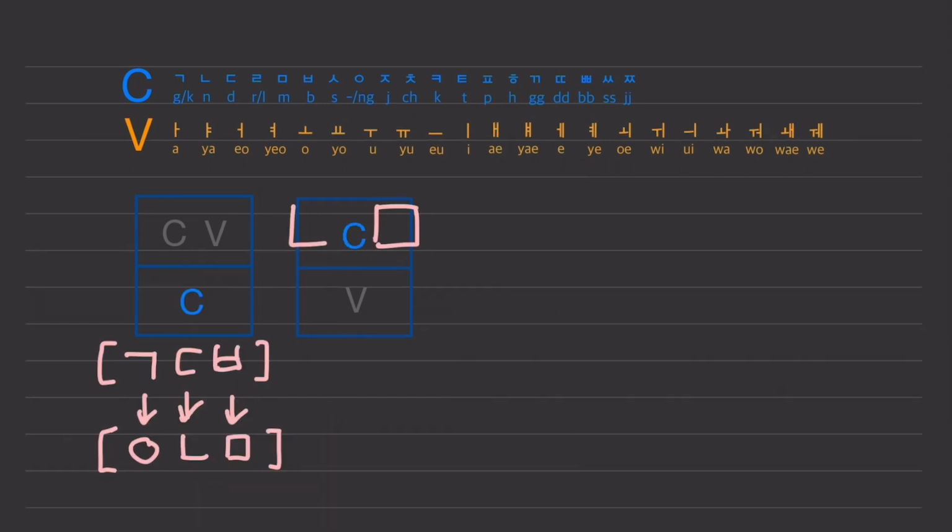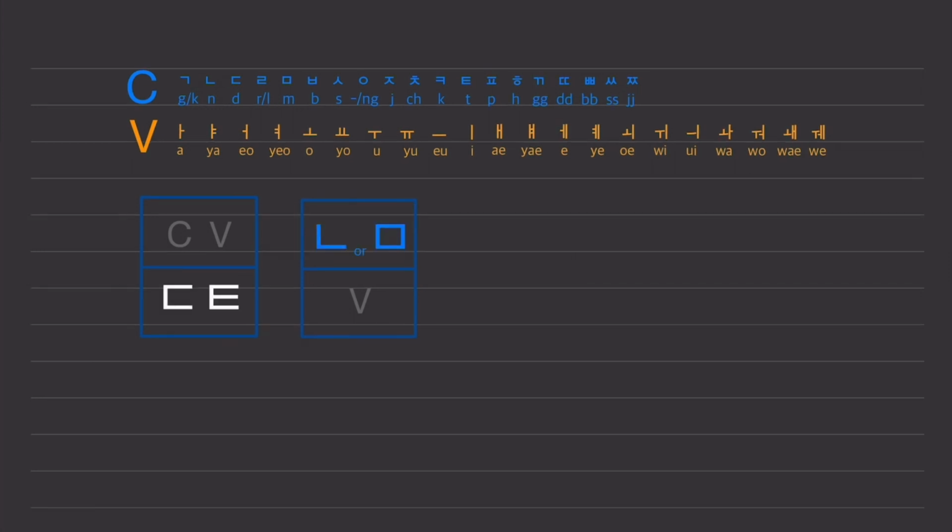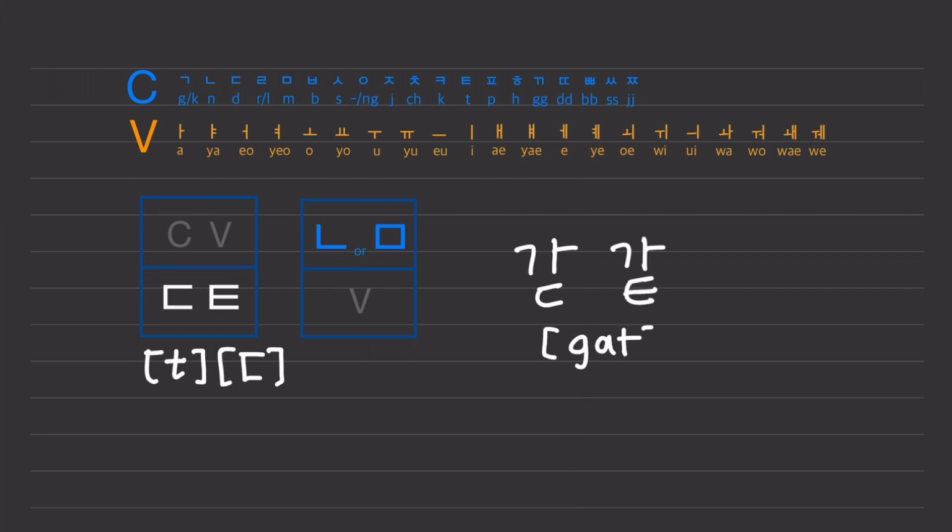Second example. D sound. When you see the letter D or T as a Batchim, it sounds like T in English. Like when we read this, we read it as kat, kat. Exactly the same. And this Batchim sound is a closing sound like T in English, kat. Let's see examples.